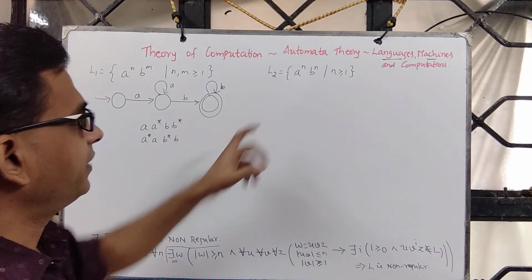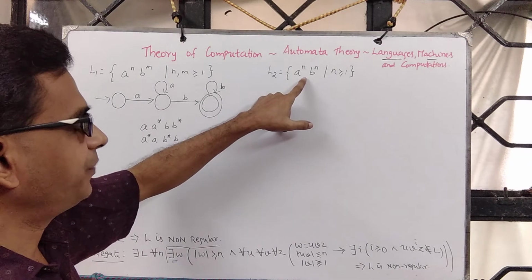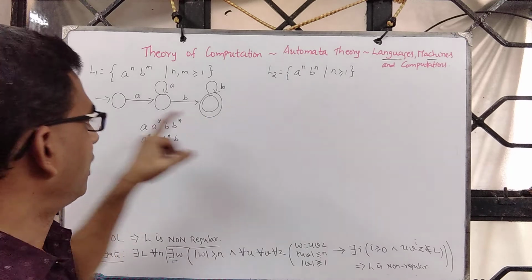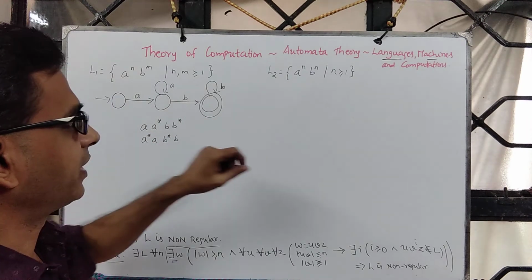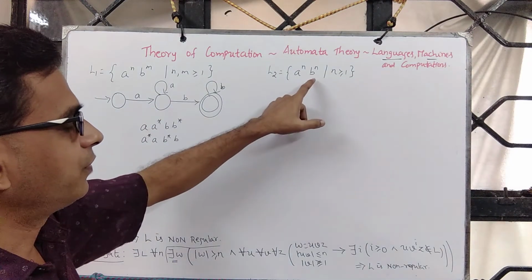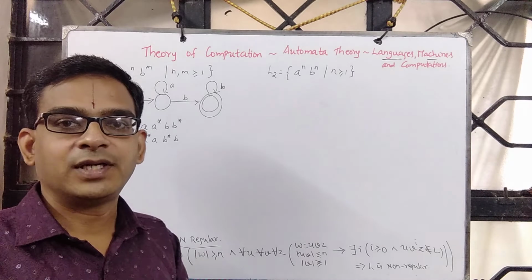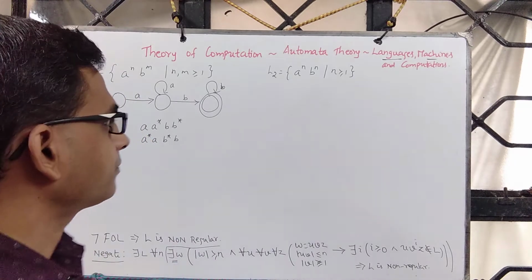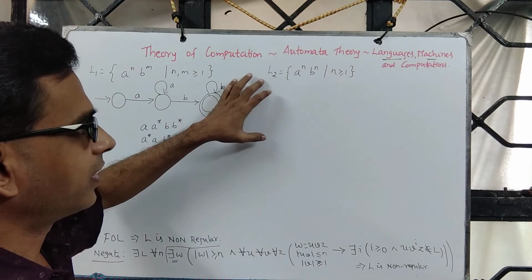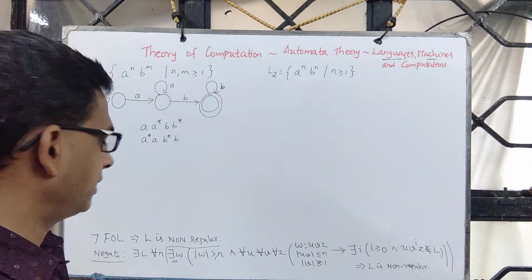But intuitively we know we can only say so many a's have been read, but the exact count cannot be remembered by a finite automaton. Therefore, when we start reading b's, we cannot match with the number of a's read.